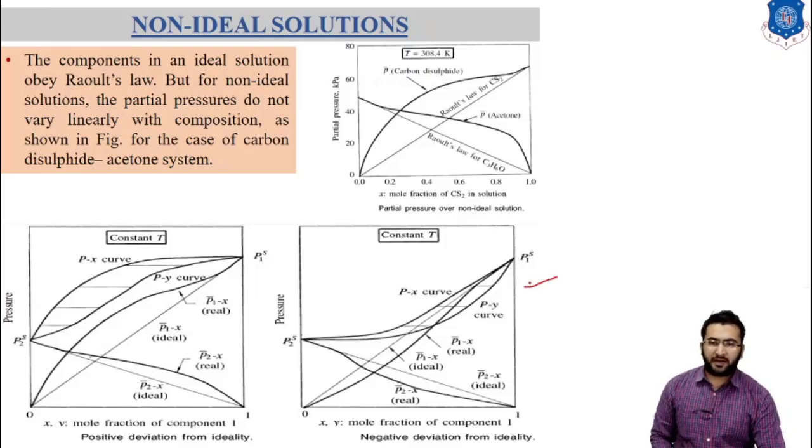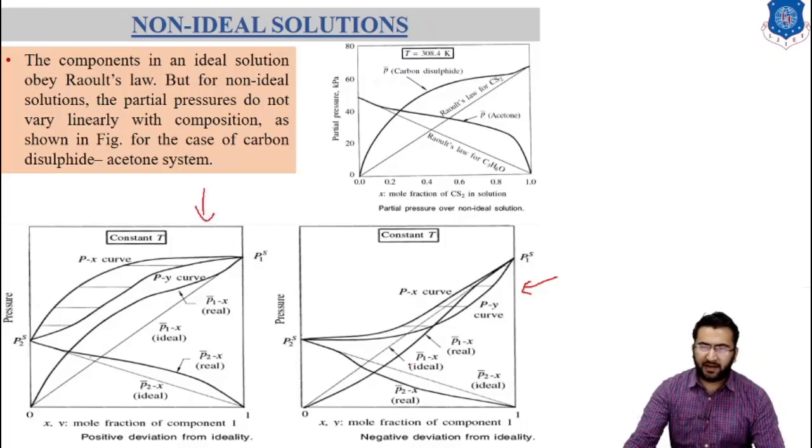So this is a diagram for negative deviation from ideality, and this is a diagram for positive deviation from ideality. In negative deviation, the total pressure of the solution is less than the partial pressure of each component.